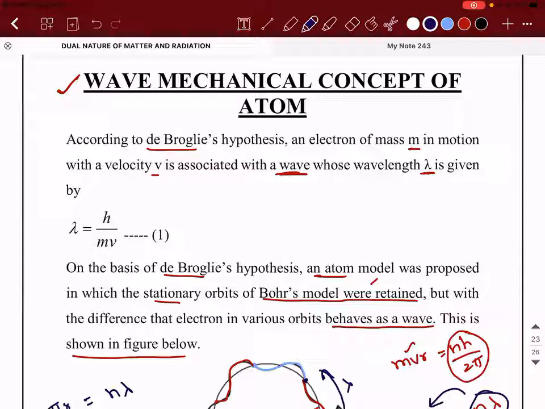I'll read out the portions. Listen to this. Okay, I need to read out. I'll better share it here. See.